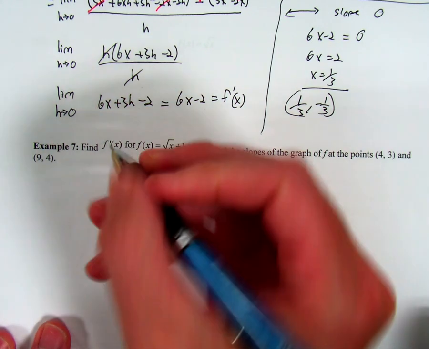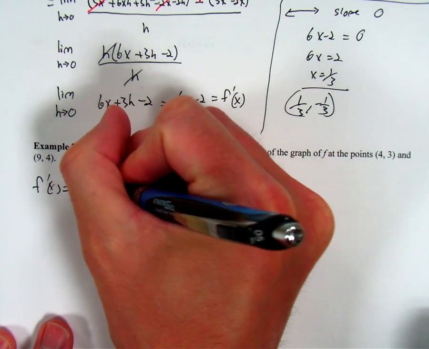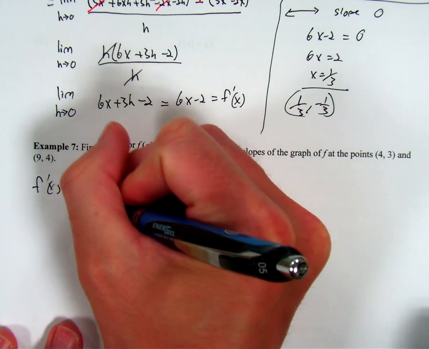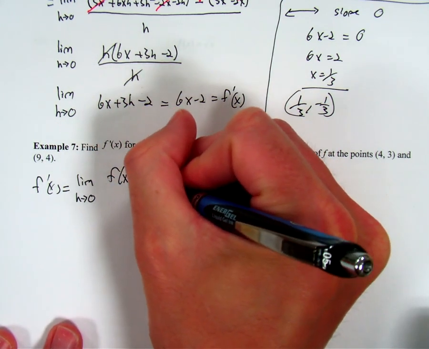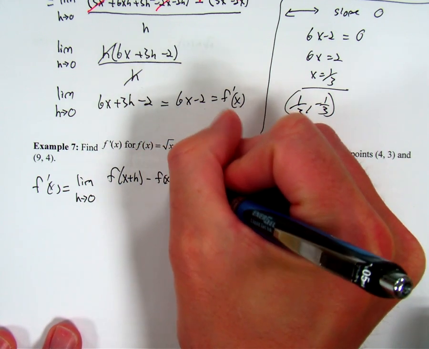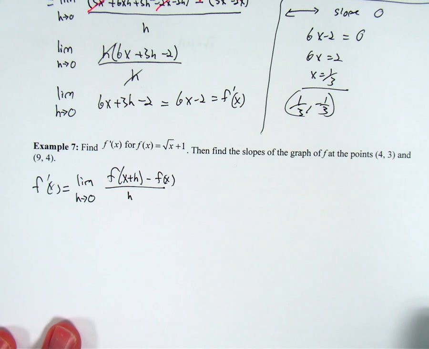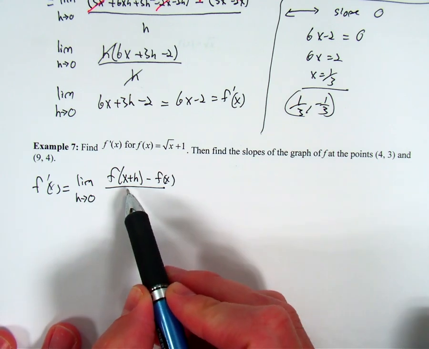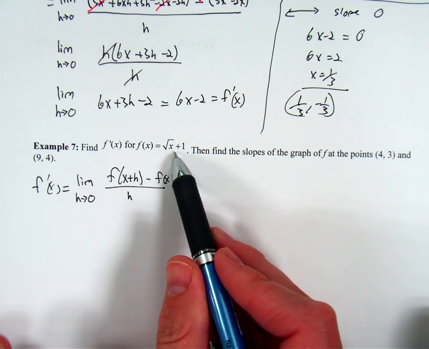Onward to this one. Alright, f prime of x equals, I know you guys are losing your patience here. Okay, and our f of x plus h is actually pretty easy to do because there's nothing going on. It's just x plus h going in the radical.